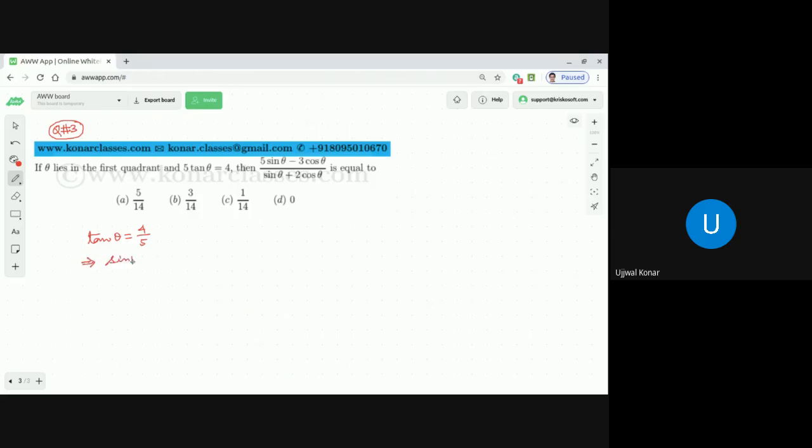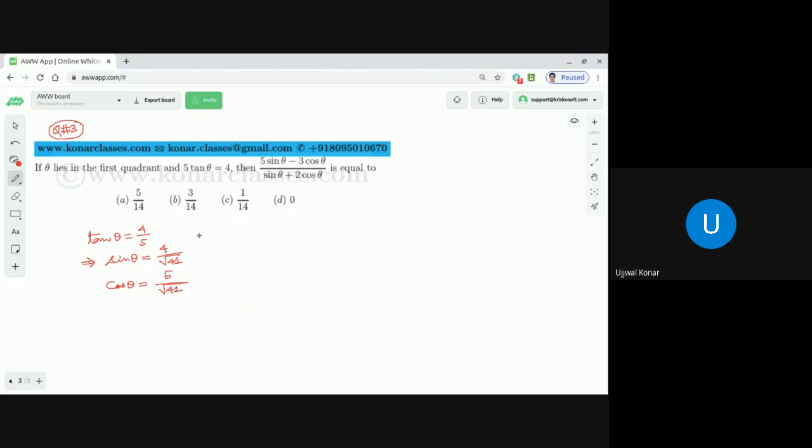So you will get sin theta is equal to what? Is it A? Correct. Absolutely correct. You will get sin theta equal to 4 by root 41. You will get cos theta is equal to 5 by square root of 41.